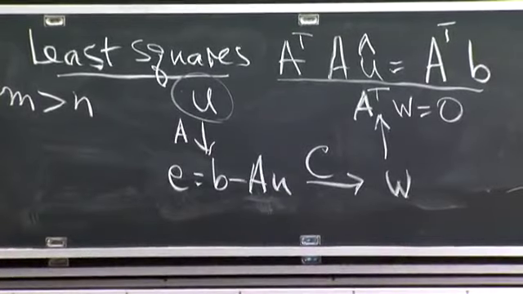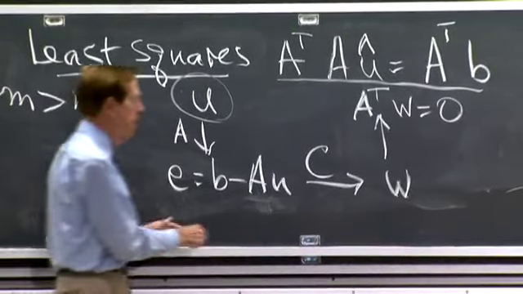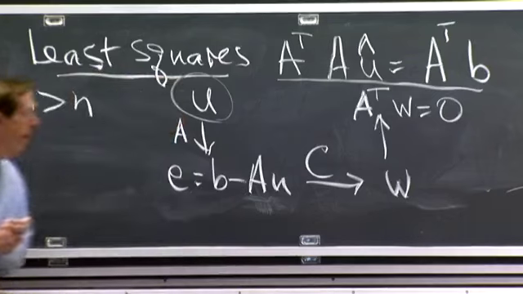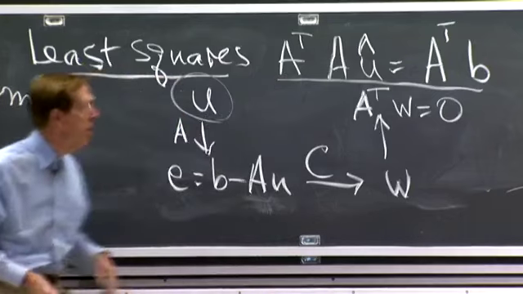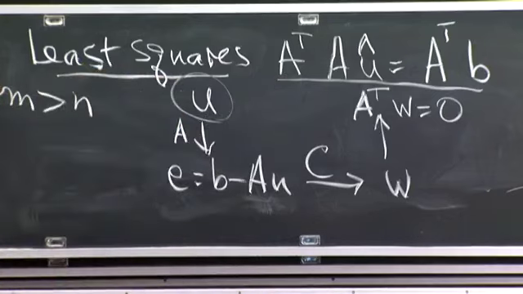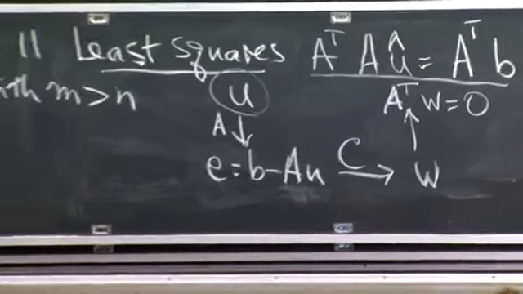So for unweighted least squares, C will be the identity. And C doesn't show in our equations. So C is the identity when there are no weights, when all the equations are equally reliable. And that's pretty common, of course. But not always. And we'll think, okay, there is a weighting.